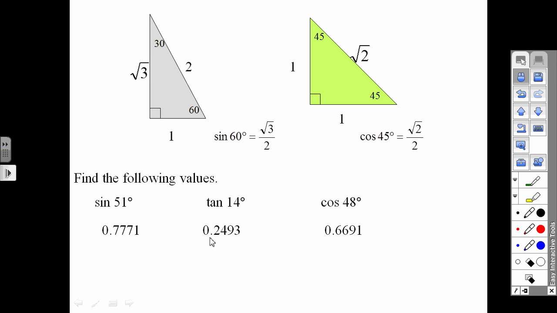Now, if any of you have tried this on your calculator and you're getting a completely wrong answer, what you need to look at in your window is to make sure that you are in degrees and not in radians or gradians. There's different units of measurement for angles, just like we could measure side lengths in meters or feet or yards. There's different ways to measure angles, and it could be in degrees or in radians or gradians.